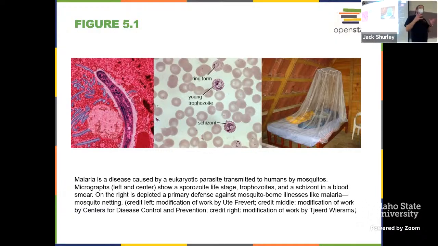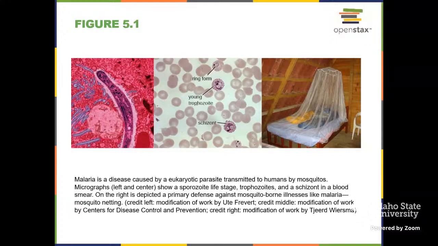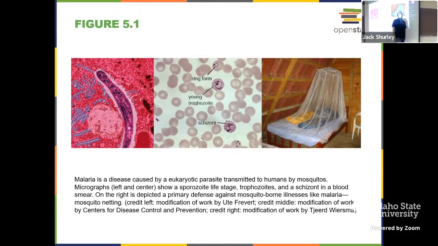As it starts to grow, these parasites start feeding on the contents of the red cell. They start replicating. The trophozoite is the feeding stage, and it replicates and degrades the hemoglobin. You get all of these little granules, these speckles that we can see in here.